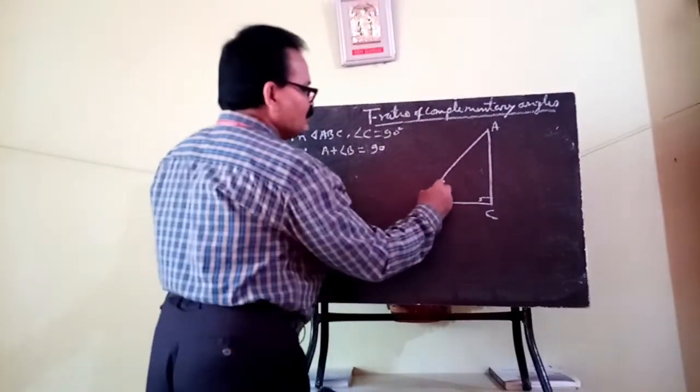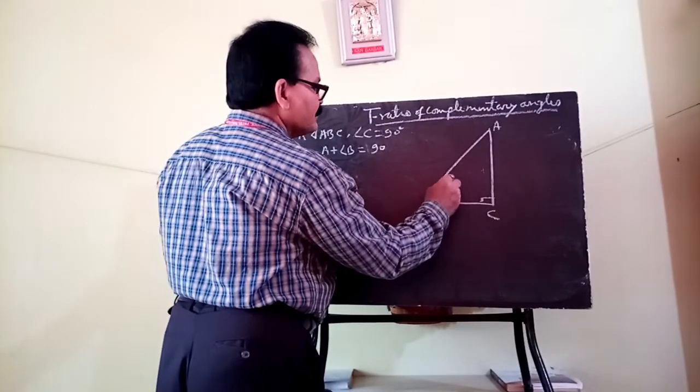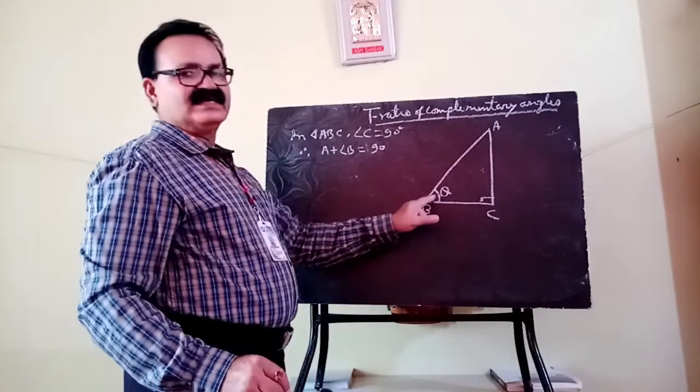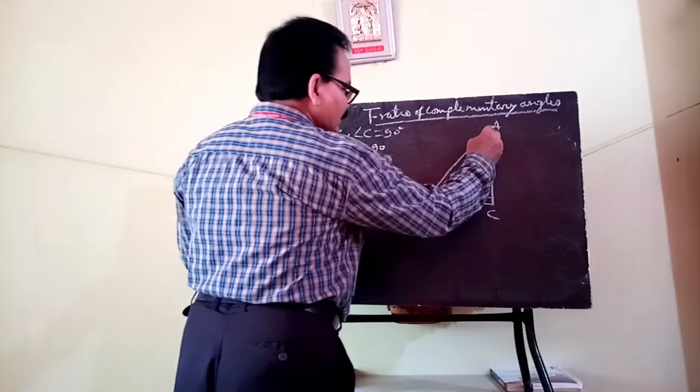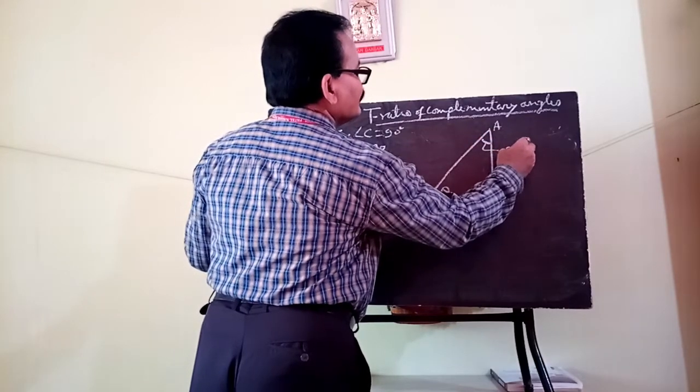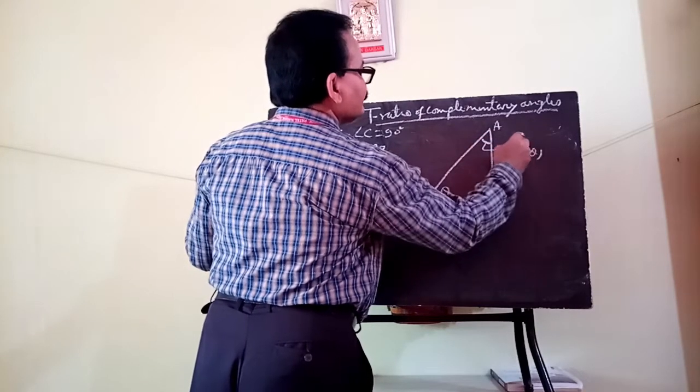If you name angle B as theta, then angle A will be 90 minus theta.